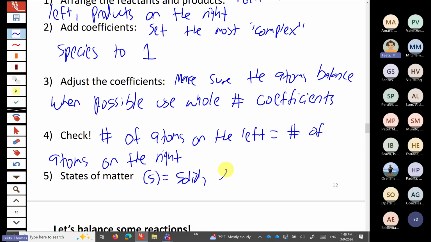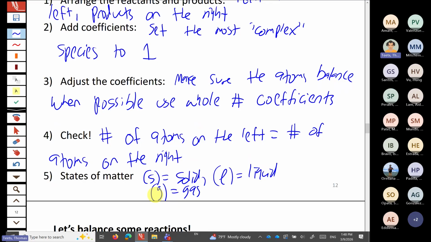S is solid, L for liquid, G for gas. We're going to talk in chapter 6 about another one, AQ for aqueous, which means that it's dissolved in water. That doesn't affect how you balance the equation. They're just going to be there, and you just want to make sure that you're aware of what they mean, but we don't really need to worry about them too much for now.